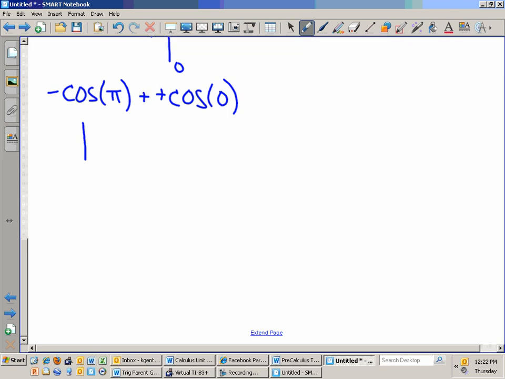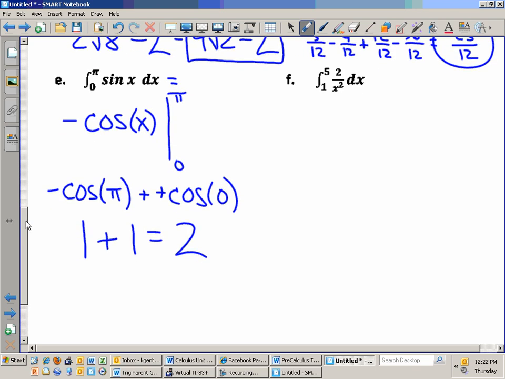Minus a negative, so plus. What's the cosine of 0? 1. So the exact area bound beneath the curve sine of x from 0 to pi is exactly 2. I believe we showed that the other day, didn't we? We broke it up into 100 rectangles. You're supposed to do that in an assignment. And you came up with 1.99999 a little while ago.